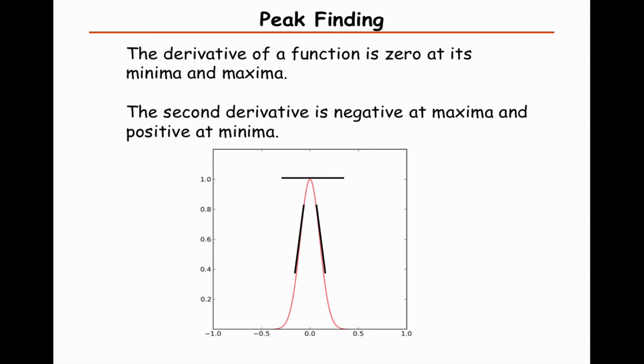So the second derivative being negative at maxima means that you go from positive to negative in the derivative space. But for real signals, this method is often not so applicable. Maybe in some cases you can do a lot of smoothing first and then look for derivatives, but usually it's not so practical.